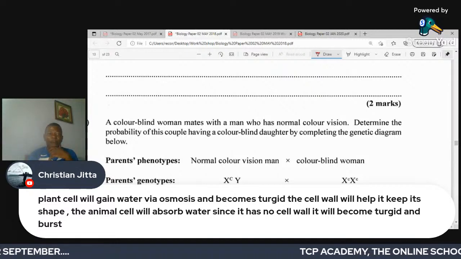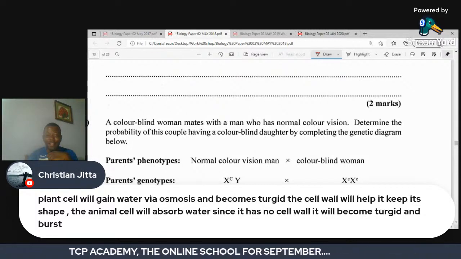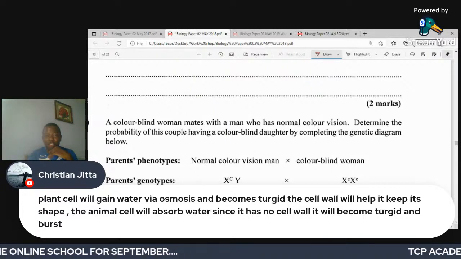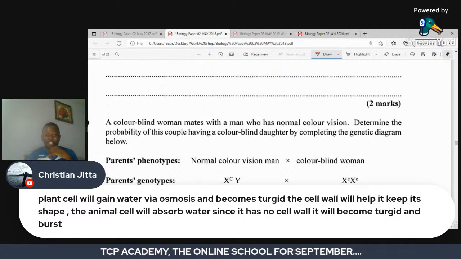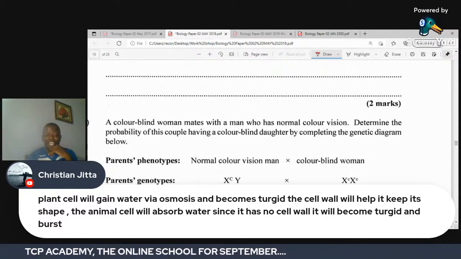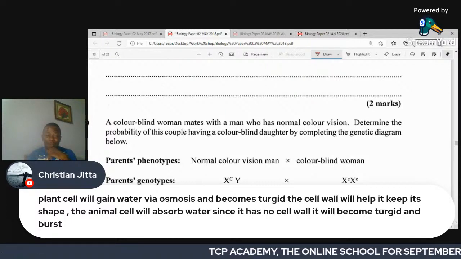Determine the probability of this couple having a colorblind daughter by completing the genetic diagram below. Now, if you observe, for the first time I am seeing it, CXC has actually set out the question exactly as you should have it when you are solving for the exam.